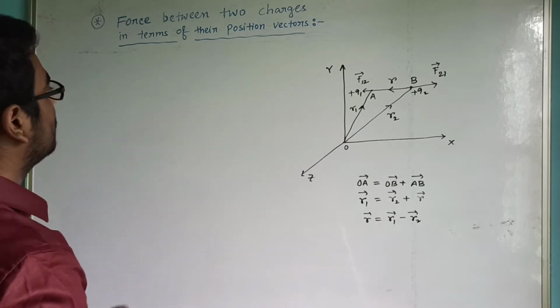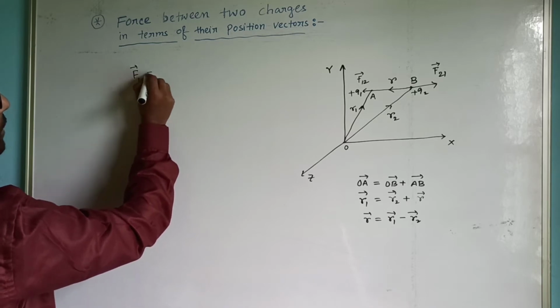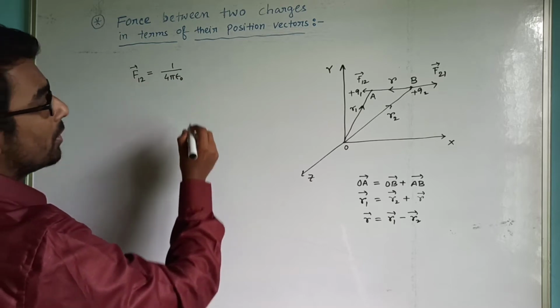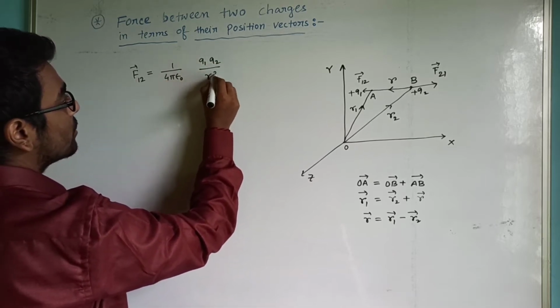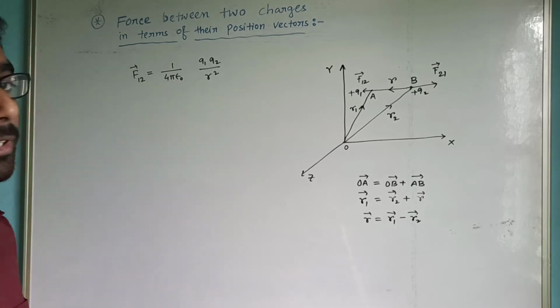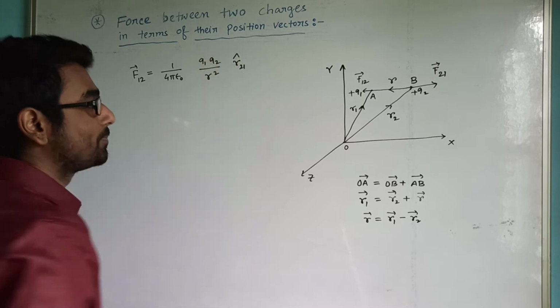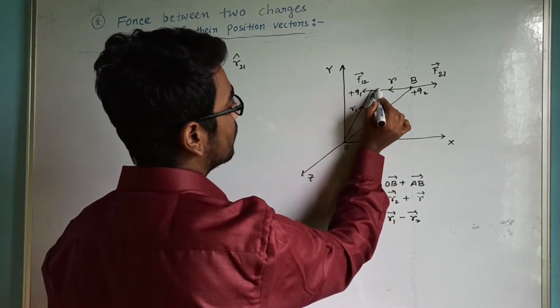Now the expression of force F12 will be 1 by 4 pi epsilon naught, Q1 Q2 by R square, into the direction of R, which will be r21 cap. The r21 cap will be in this direction.